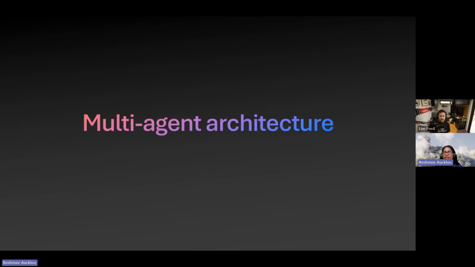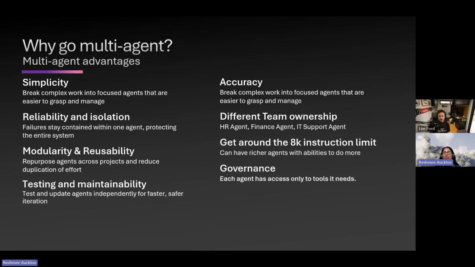Now let's come to the main topic of our session, multi-agent architecture. So why do we need to build multiple agents? If you think of the software engineering principle around converting monolithic solutions into microservices, it follows the same analogy.